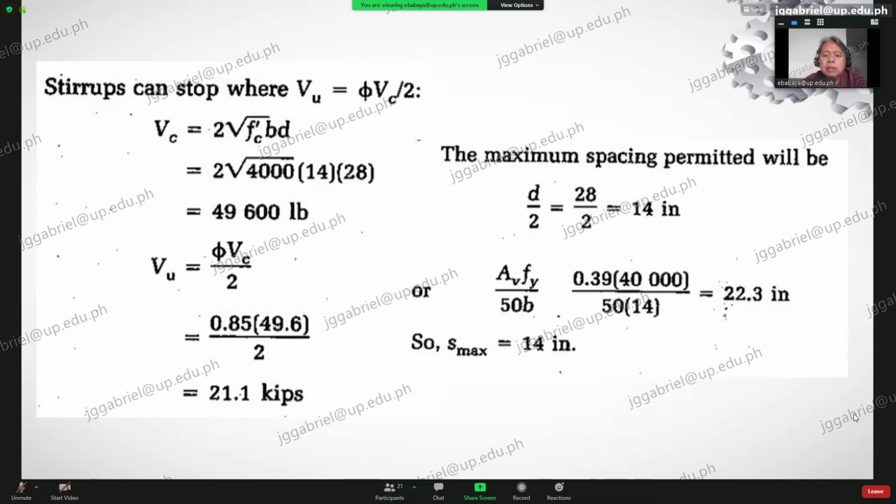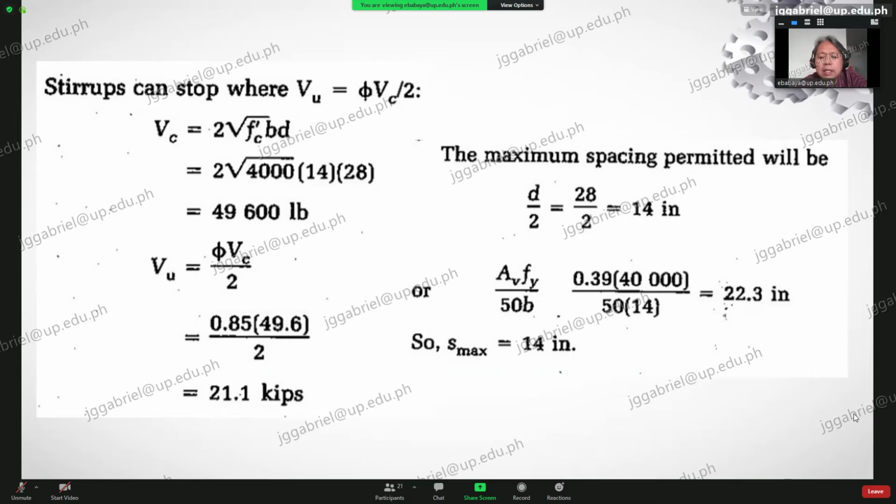Okay? So AV actually, that's 2 times the area of the number 4 bar. So that's why this is 0.39. Now, when we compute this, we get 22.3 inches. You try to make a dimensional analysis kung paano nagka-cancel yung mga units dito.